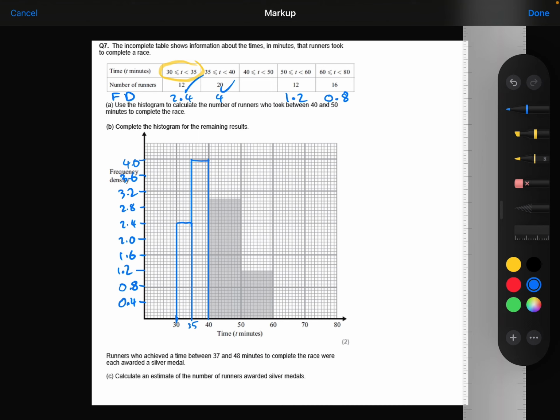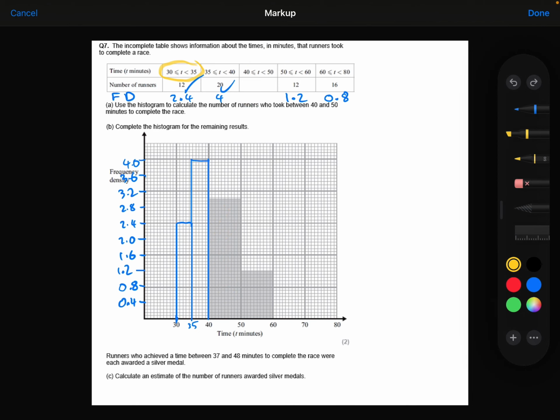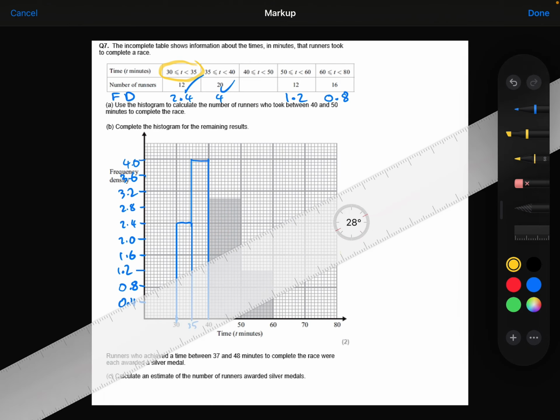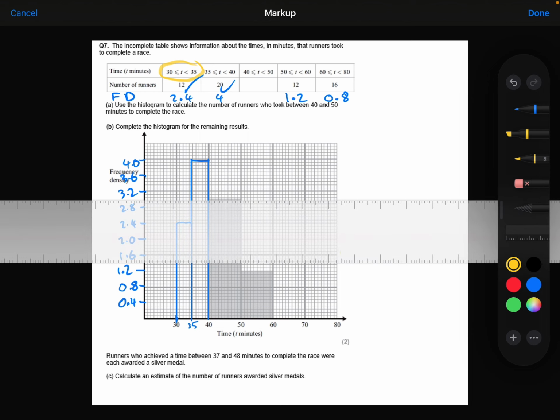Now, the next bar, this corresponds to the incomplete table. Now I can see from the histogram that the frequency density here is, just reading that across, I think that's 3.